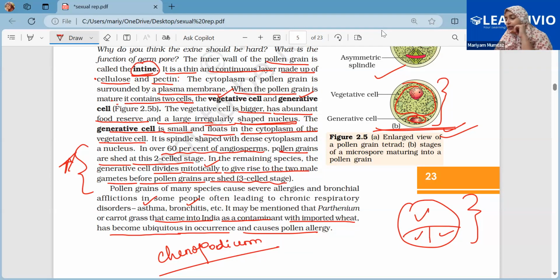Yes, so equational and reductional in terms of the number of chromosomes. So in mitosis, here now we do not need to decrease the number of chromosomes. We just need two more cells. So that is why the generative cell gets divided by the process of mitosis, because mitosis leads to an increase in the number of cells without any change in the chromosome number. But meiosis leads to a change in the chromosome number. Clear?